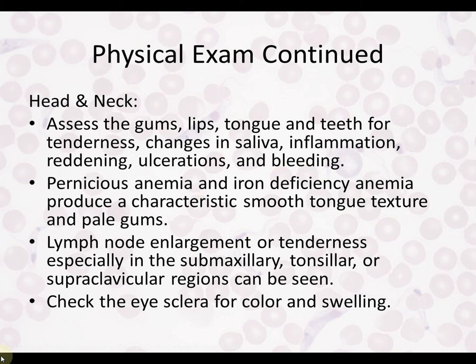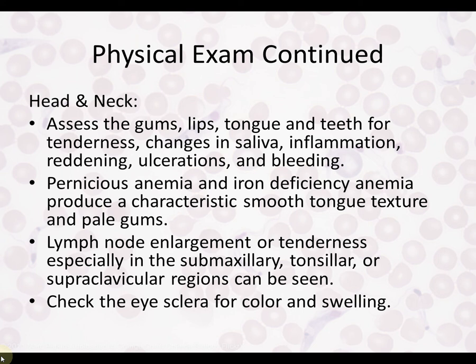The lymph node enlargement or tenderness, especially in the submaxillary, the tonsillar, and the subclavicular regions, can be seen in these patients. You want to check their eye sclera for color and for swelling. These can be signs of liver disease as well.